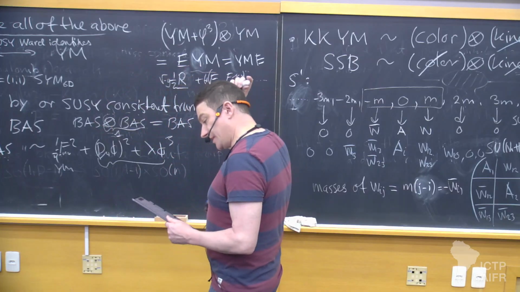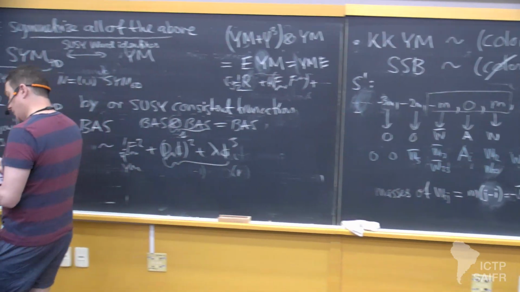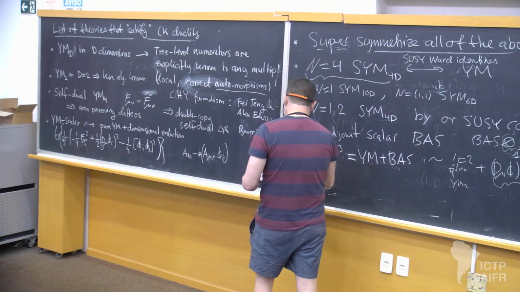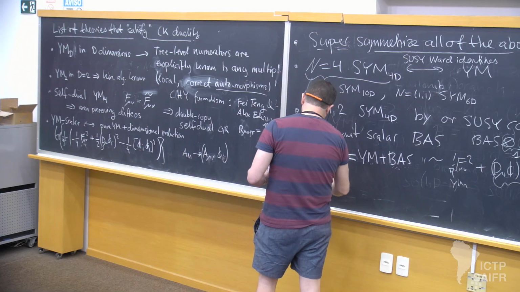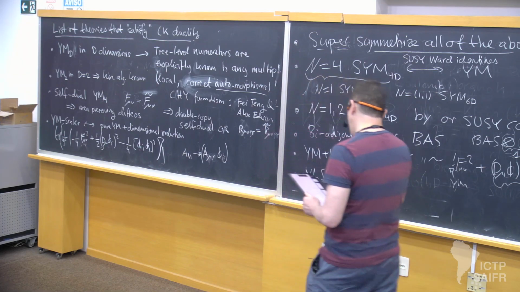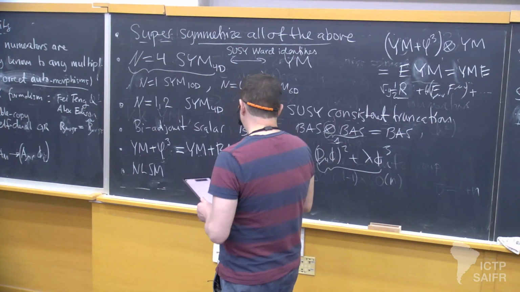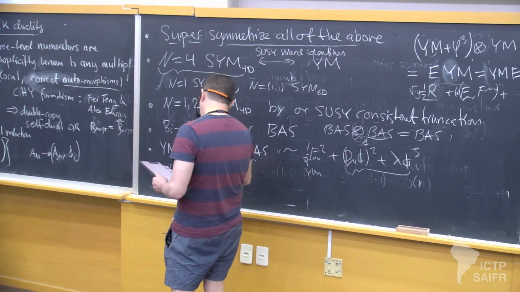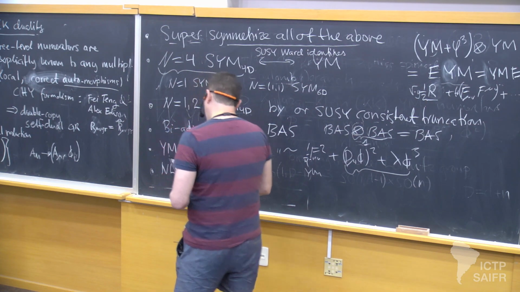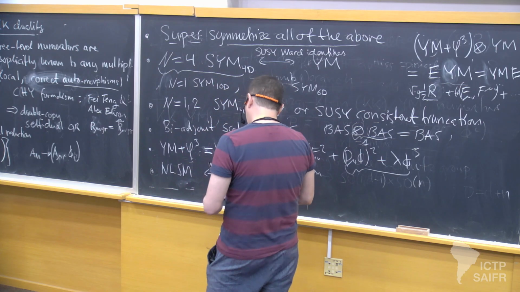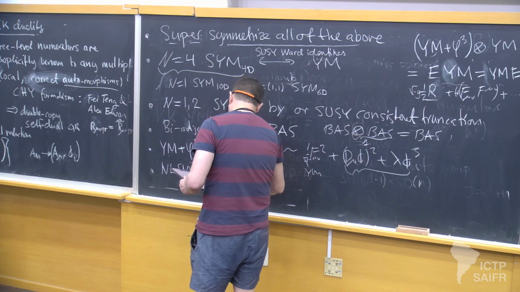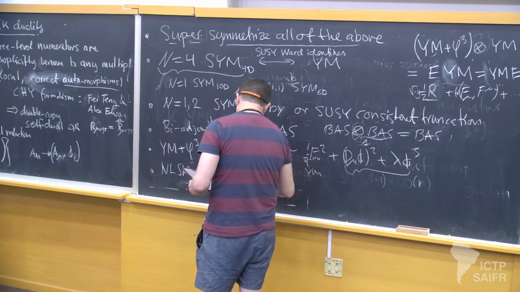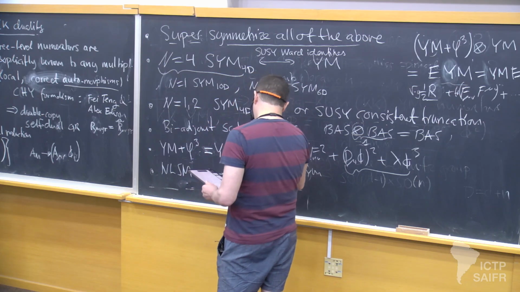So I'm talking about scalars, so let's talk about more scalars. We said the nonlinear sigma model, which I discussed last time, but let's discuss why it works. It turns out that this nonlinear sigma model is secretly related to Yang-Mills via spontaneous symmetry breaking. So this is related to spontaneous symmetry breaking of Yang-Mills.